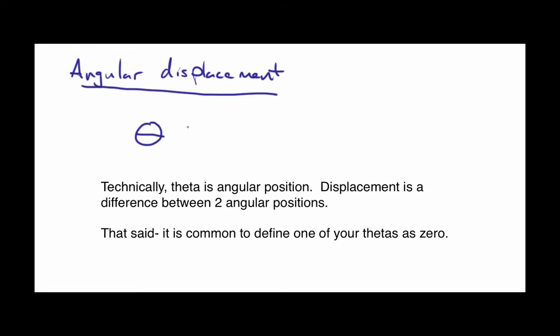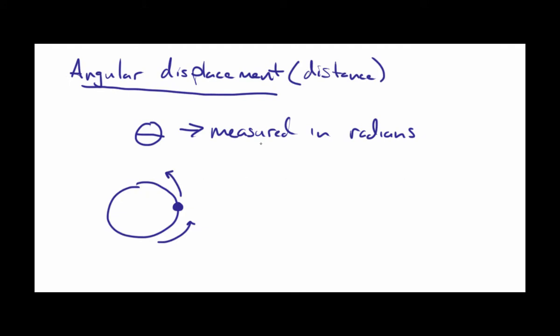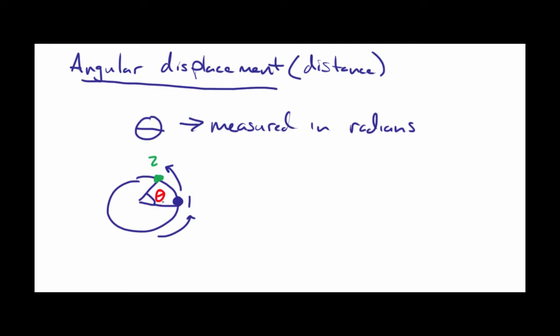And of course it's measured, as we just mentioned, in radians. But the angular distance is simply the angle subtended by an object as it moves along an arc. So as the object moves from point 1 here to point 2 over here, it subtends some angle theta. And that is the angular distance measured in radians. All right? So nothing really big there.